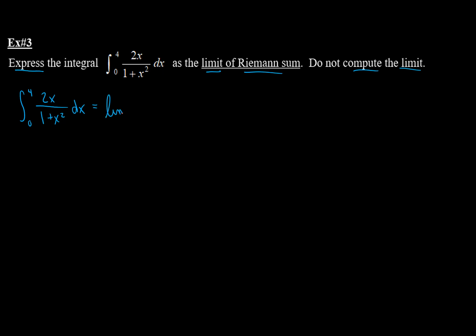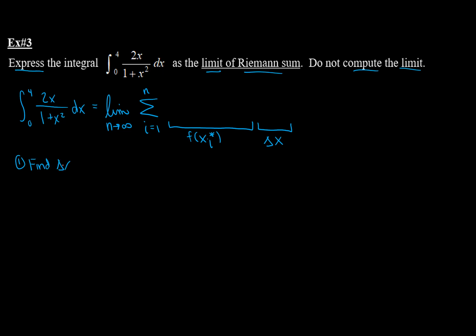So the limit, first of all, we're going to have the limit as n approaches infinity. We're going to do the summation as i goes from 1 to n. And then in here, we're going to put our f of x sub i. And then over here, we're going to put our delta x.